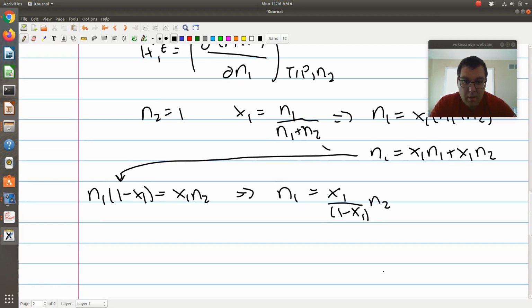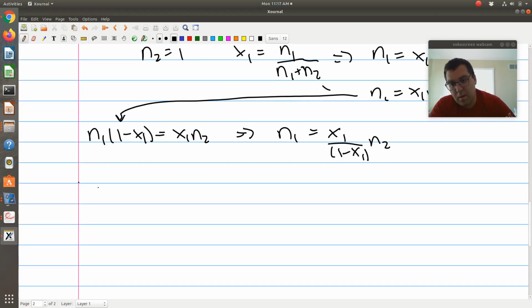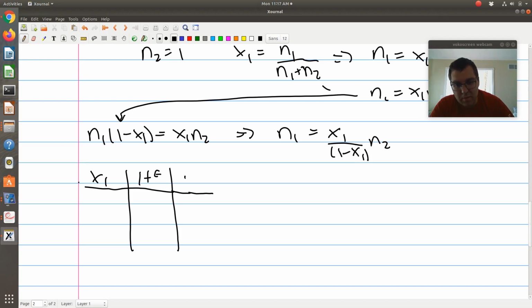So if I have my Excel sheet in which I have x1 and HE, and I've assumed a basis of n2 is 1, I can calculate n1. n2 is fixed, it'd be up in some reference cell.